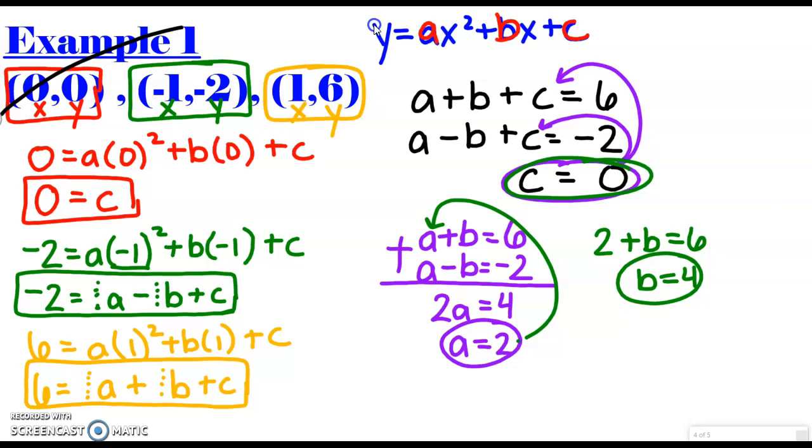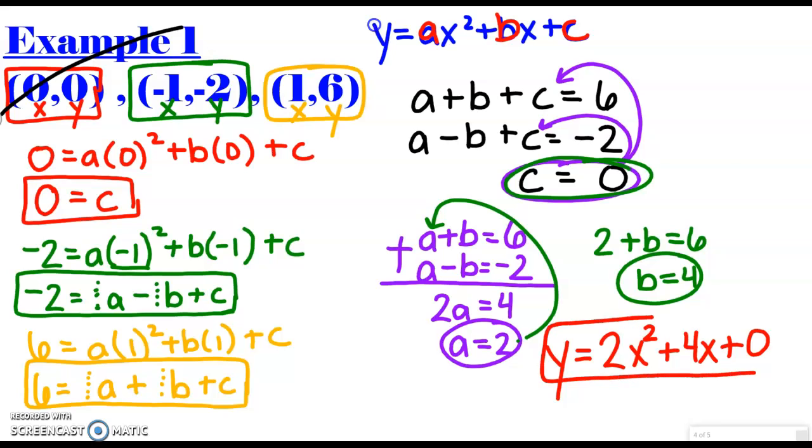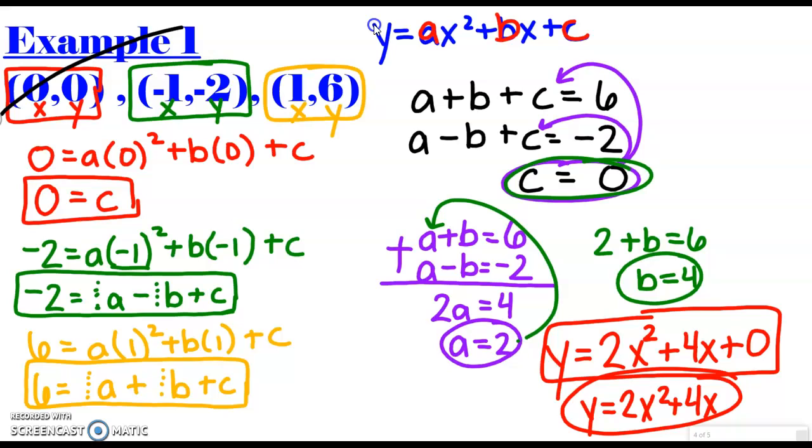So our quadratic equation would be y equals a is 2x squared plus b is 4x plus c is 0. That would be acceptable, or we don't usually write a plus 0, so you can just go y equals 2x squared plus 4x. So that's how you take 3 points that are on a quadratic equation and figure out the quadratic equation.